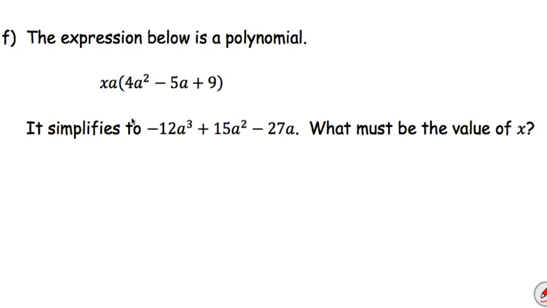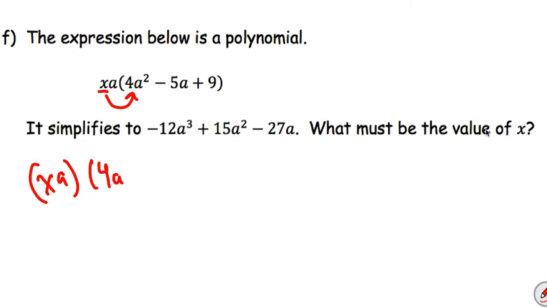All right, so what we can do is just look at one term, and then verify that it works with the other terms. So if I multiply xa by my 4a squared, I'm going to end up with a to the third.